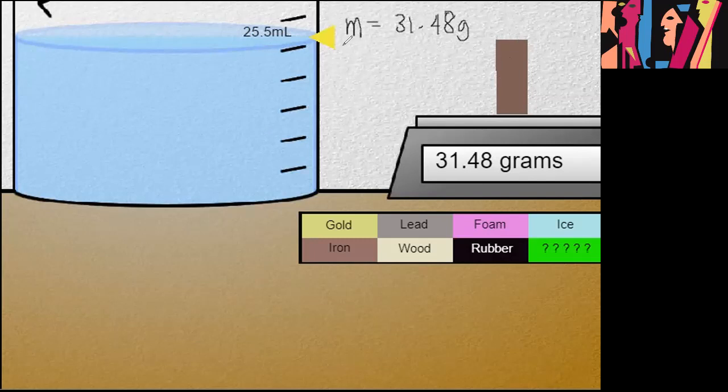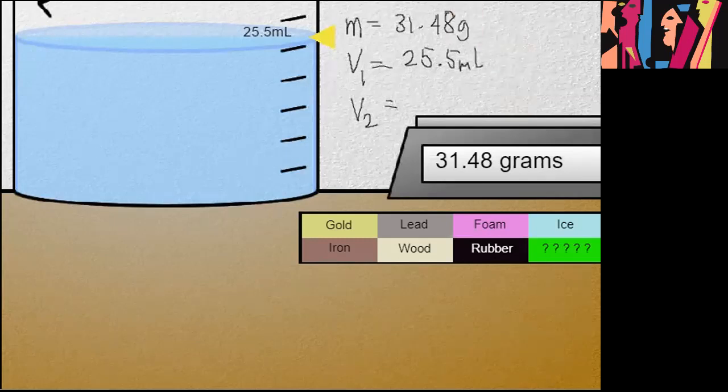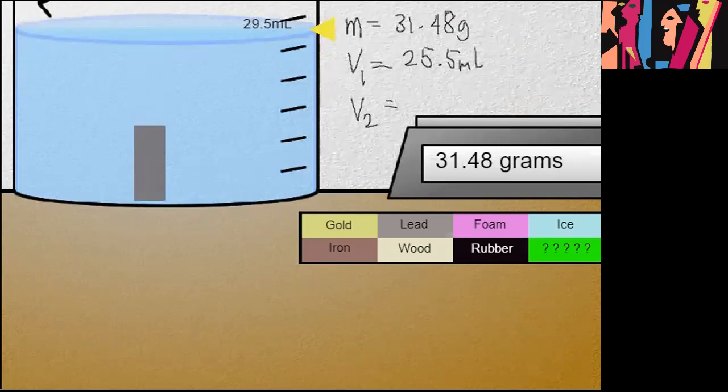So I'm going to write down here an initial volume V1 without the object in the liquid. That looks like it's 25.5 ml. V2 is what I'm going to get when I put my object into the liquid. Ta-da! It looks like the volume is 29.5 ml.